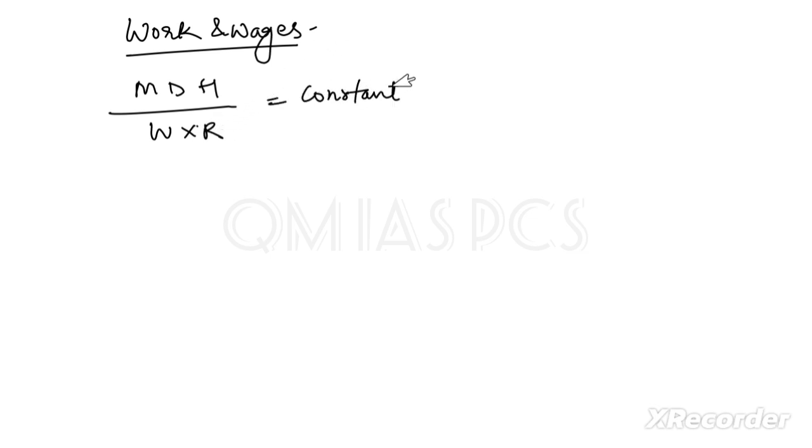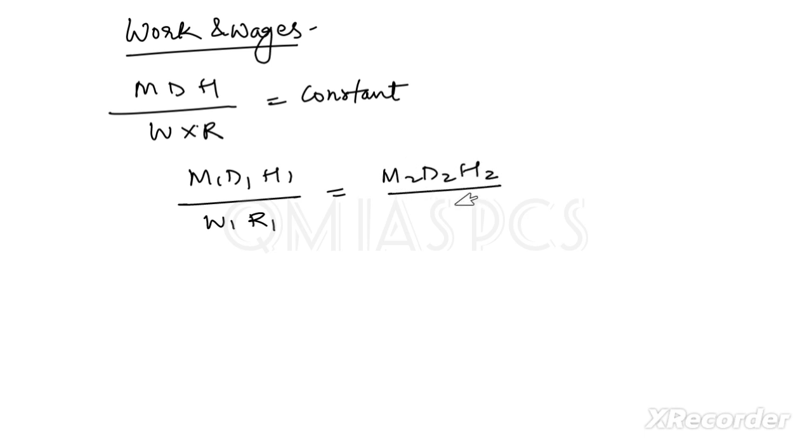Constant means M1 D1 H1 divided by W1 R1 is equal to M2 D2 H2 divided by W2 R2. So how do we remember this formula? I'm giving you one concept: direct proportion and indirect proportion.